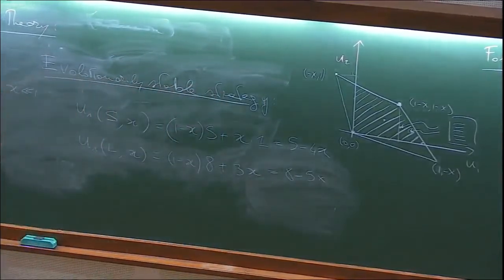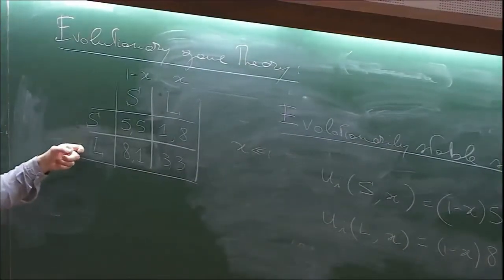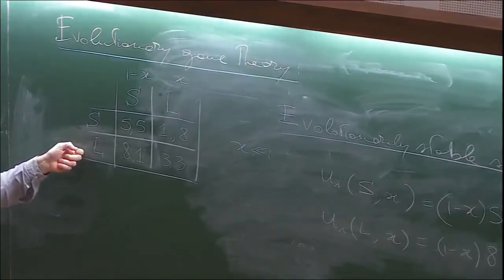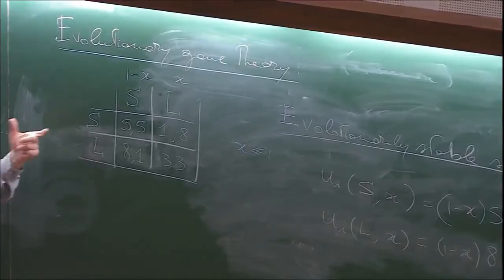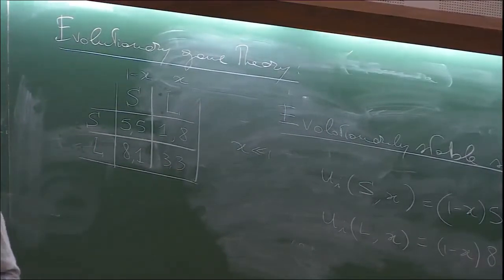Okay, so what you see is that in this situation, where there is a fraction 1 minus x of this and a fraction x of this, the L will reproduce faster. Which means that the strategy L will invade. So S is not an evolutionarily stable strategy.